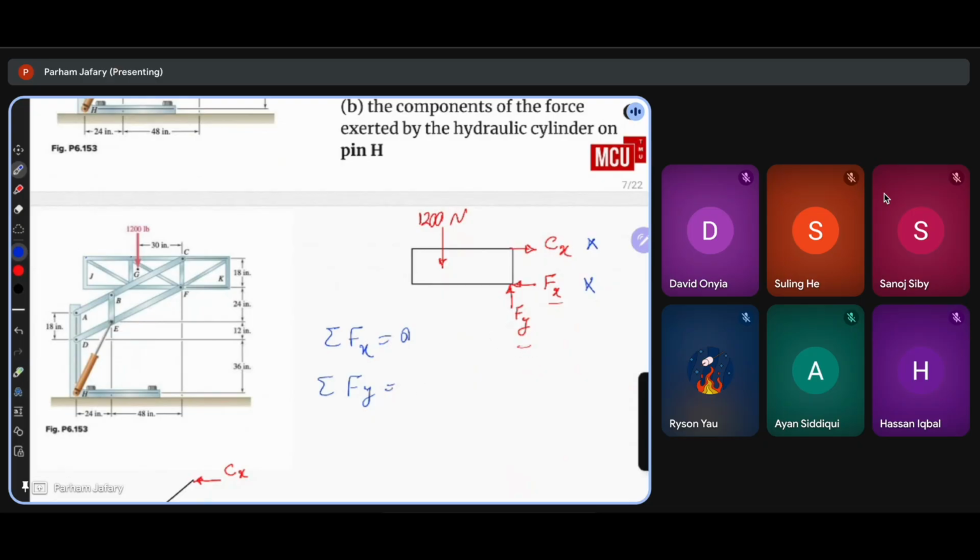I will have Fy, but again, I don't have Cx and Fx. So the only equation that will give me Cx is a moment equation. And I need to choose carefully around which point I will calculate the moment.